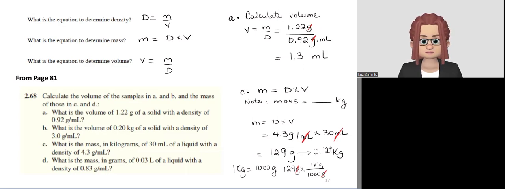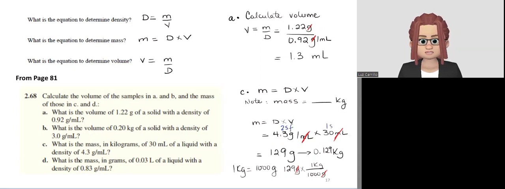Now, when it comes to the final answer, I need to keep track of my sig figs. So take a moment and determine how many sig figs need to be in the final answer. When we look at our measurements, this has 2 sig figs.